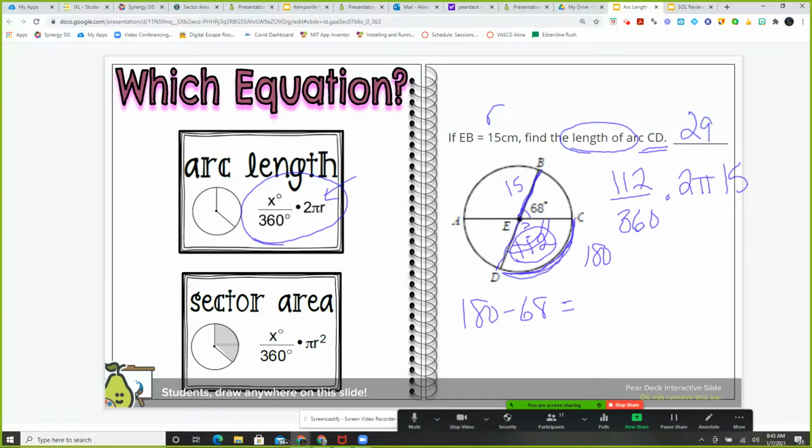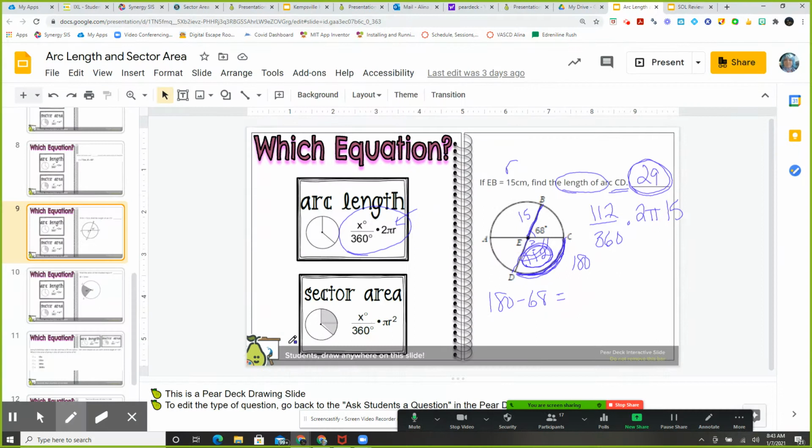Awesome. Did anybody else get 29? Yeah. Awesome. So this little piece, translating that you want this part and getting that 112, is the hardest piece of that question. So they're not always so straightforward. Sometimes you've got to kind of translate the problem.